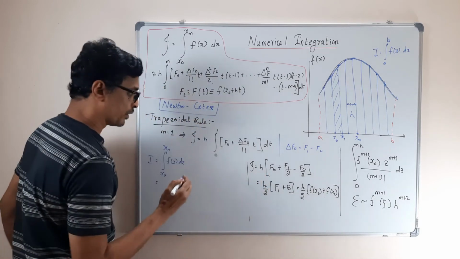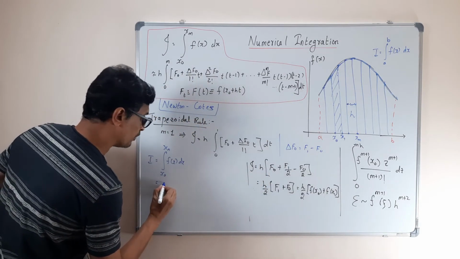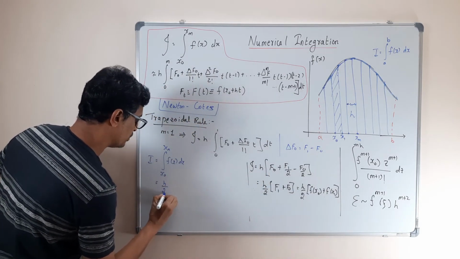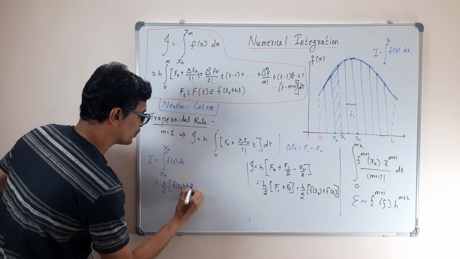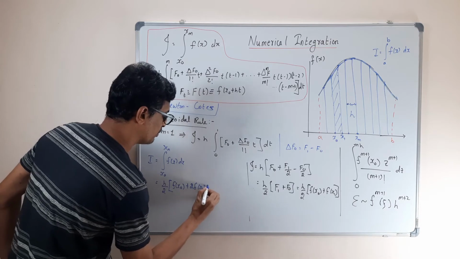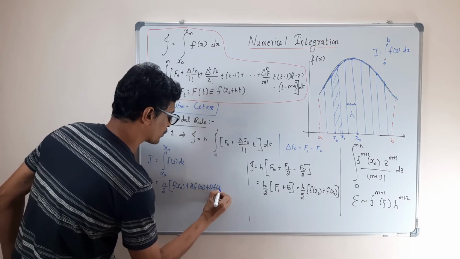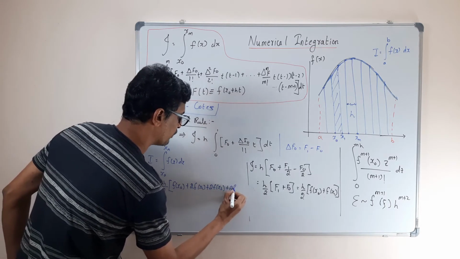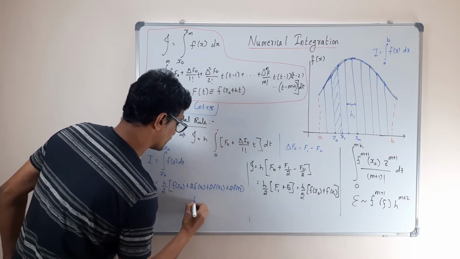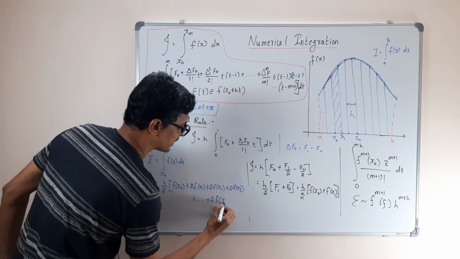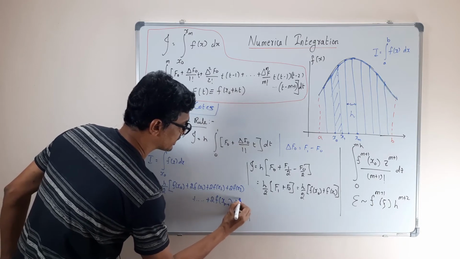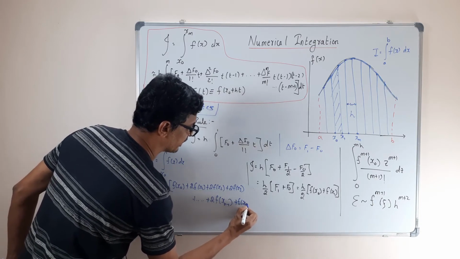So what we are going to write is h by 2 into f of x0 plus 2 f of x1 plus 2 f of x2 plus 2 f of x3, and it keeps on going, plus 2 f of xn minus 1 plus f of xn.